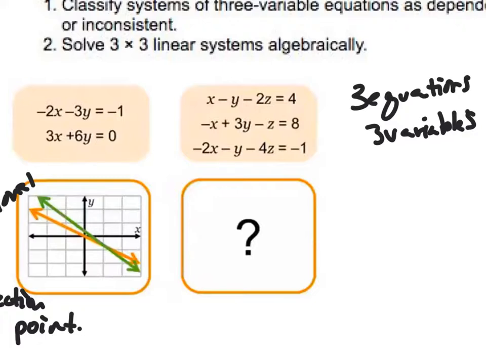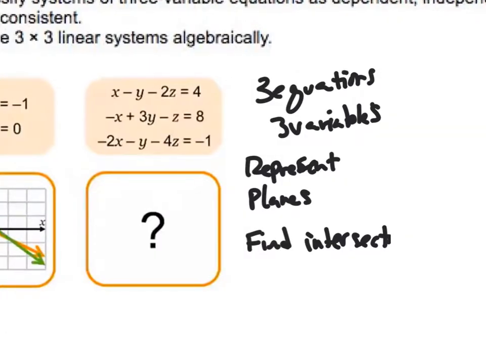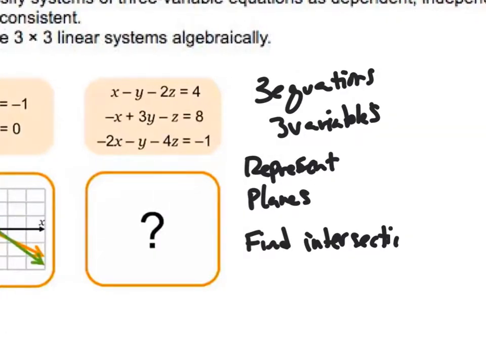And so these equations represent planes, and we want to, again, just find the intersection. So same idea of what we're doing here, just adding a dimension, adding a variable, and adding a separate equation. So what does this look like?